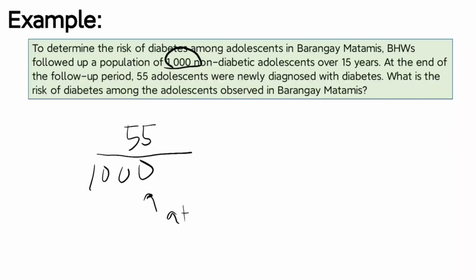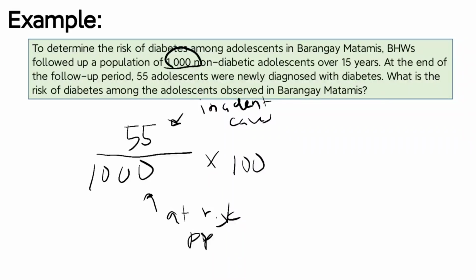At risk population. Tapos yung 55, yung incident cases or yung new cases. Okay? Tapos multiplied by 100 kasi hindi na naman binanggit yung factor na gagamitin mo. Okay? So, you have 0.055. So, ibig sabihin, 0.055 multiplied by 100, you will get 5.5.